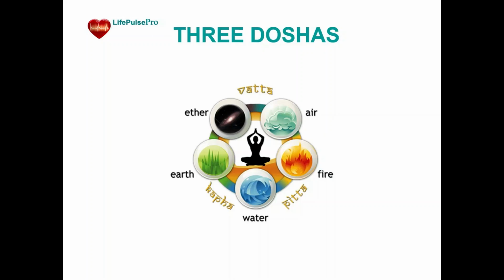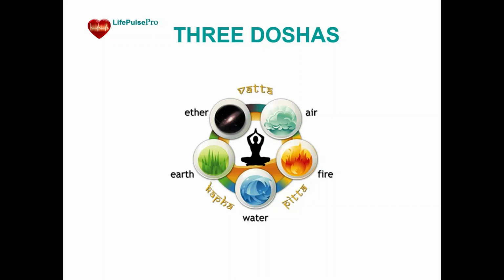Vata is associated with movement and governs processes such as breathing, circulation, and muscle and joint movement. It is said to be composed of the elements of air and space. Pitta is associated with transformation and metabolism and governs processes such as digestion, absorption, and metabolism. It is said to be composed of the elements of fire and water.